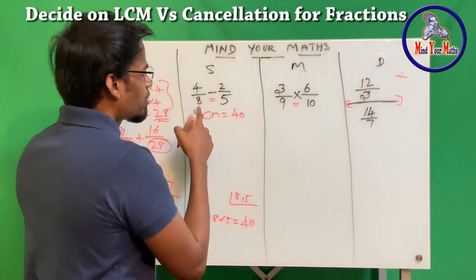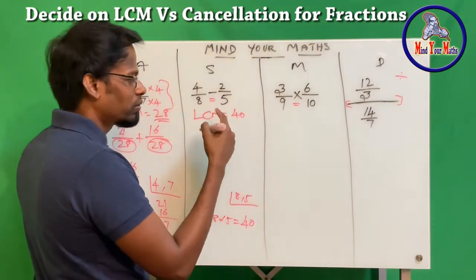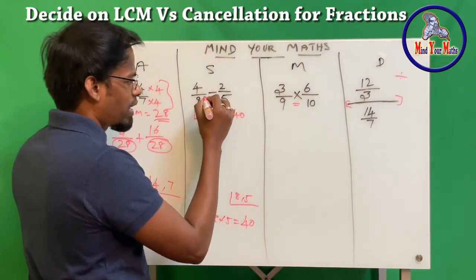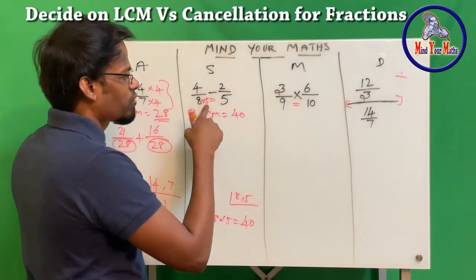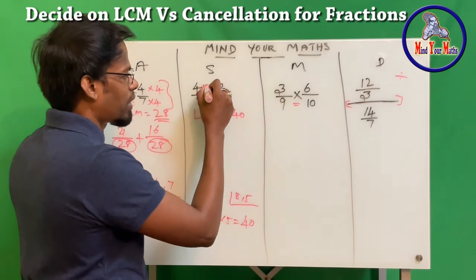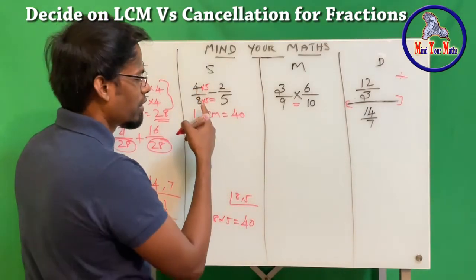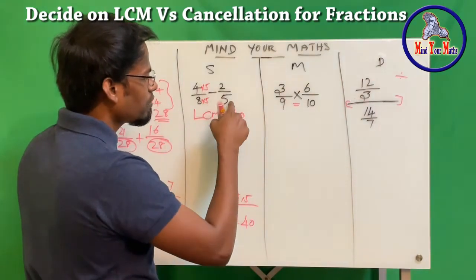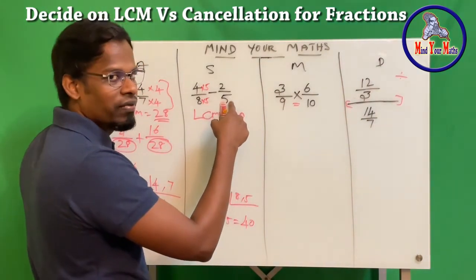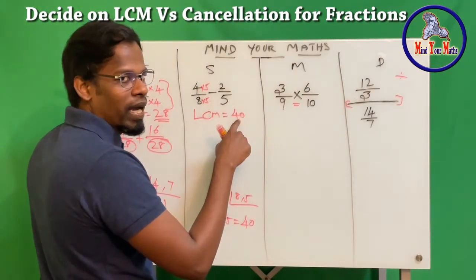So to make the 8 become 40, what do we do? Yes, we multiply 8 by 5, right? And then because we are multiplying at the bottom, we multiply at the top as well, both numerator and denominator. Now on this side, what do we do for this fraction? The 5 we have to make match the LCM.